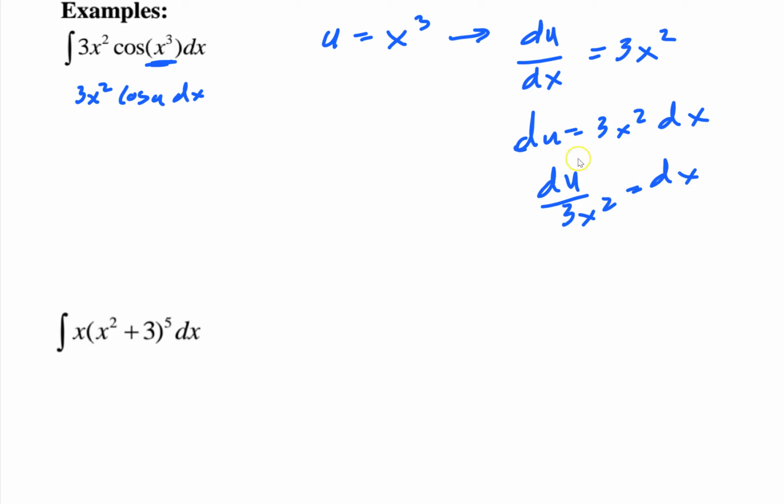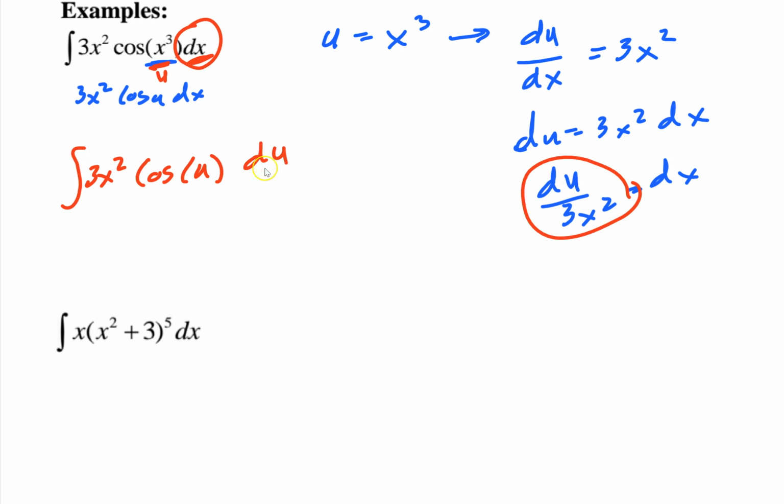And once I have that, I could go back into my equation here and just plug it in, right? I'm plugging u in for here, and I'm plugging du over 3x squared in for dx. That's the whole idea. So we're going to get this 3x squared cosine u. And instead of dx there, I have all of this.